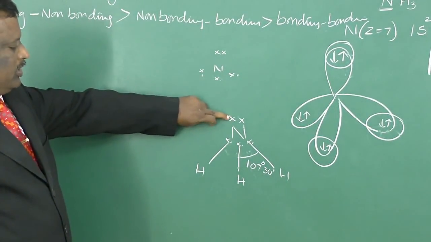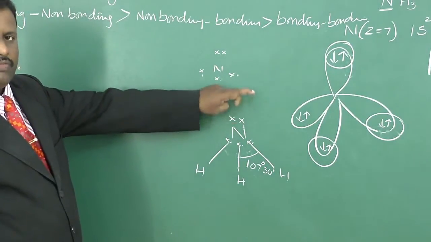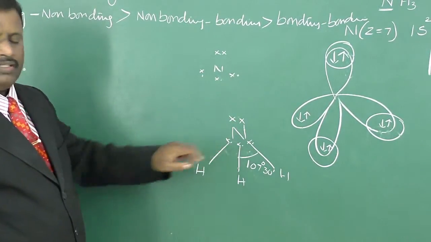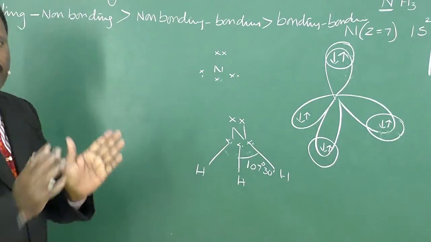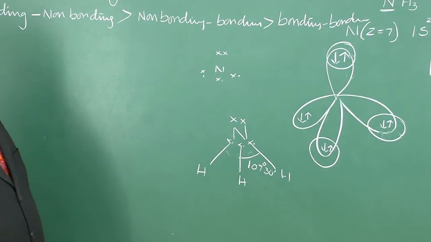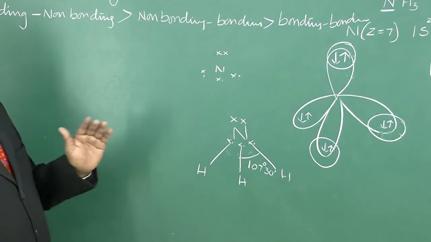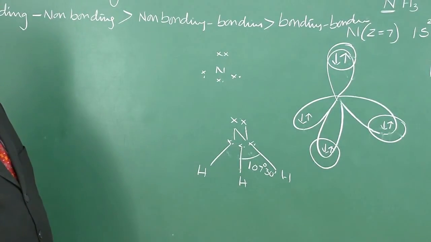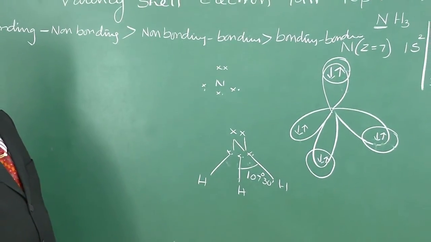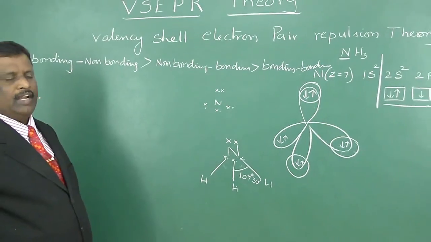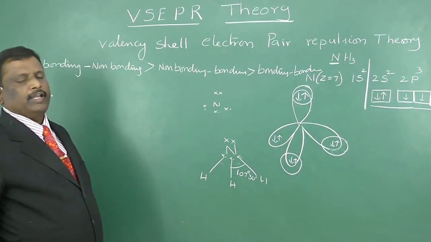The repulsion between this pair and the other pairs is greater than among the bonding pairs. That's why the bond angle decreased from 109 degrees 28 minutes to 107 degrees 30 minutes, and the molecule is pyramidal in shape.